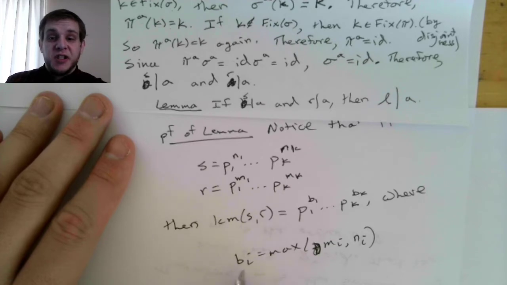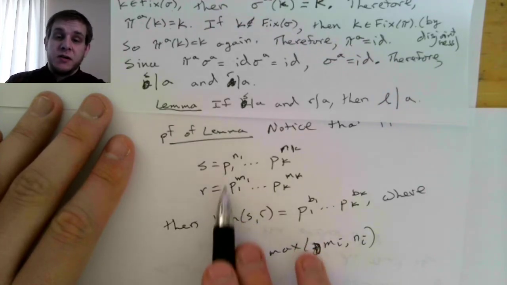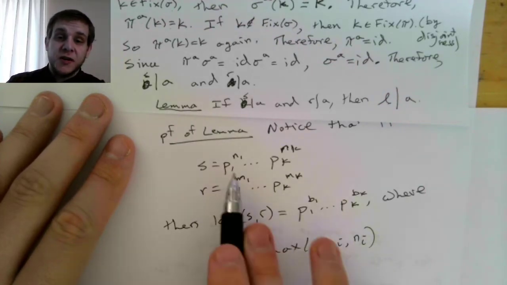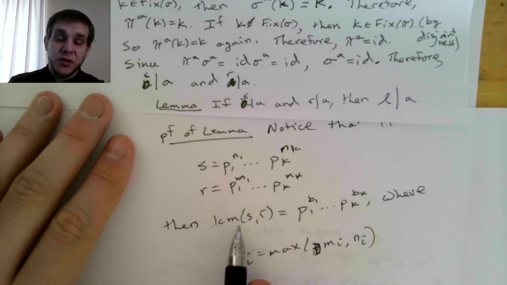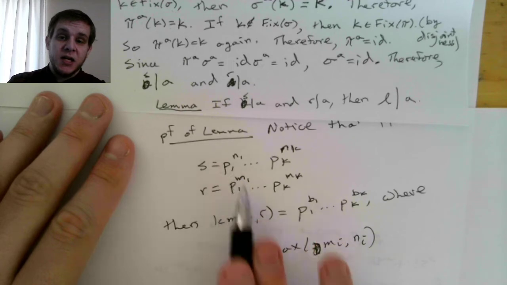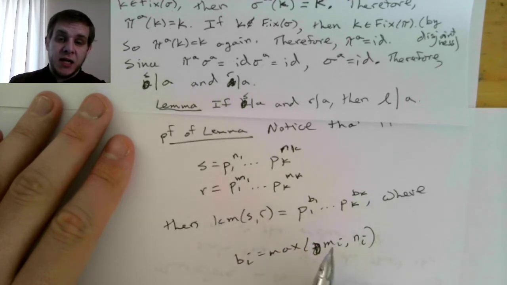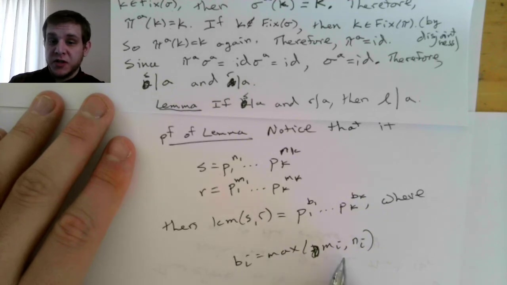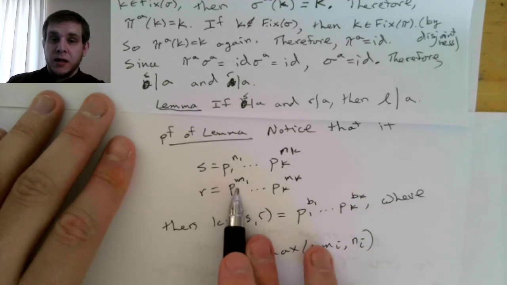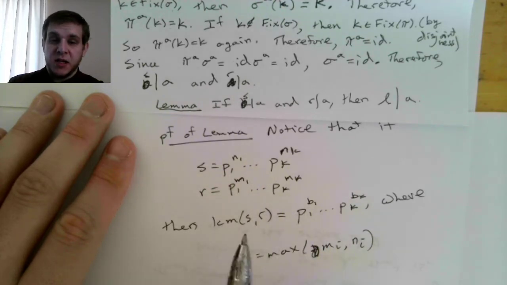Right, so if I took the GCD, I would take the min. Because I want the GCD to divide into this. But because I need S and R to both divide into the least common multiple, I need to take the max of MI and NI. And indeed, you can check that with this choice of BIs, S and R will both divide into the least common multiple.